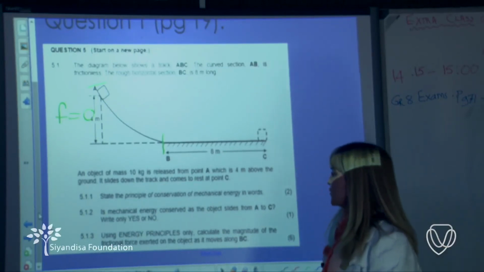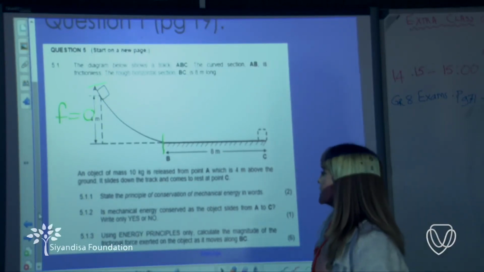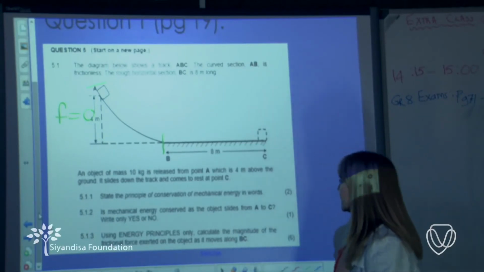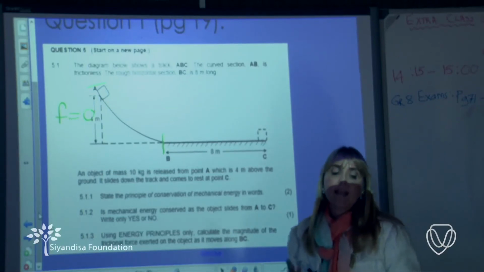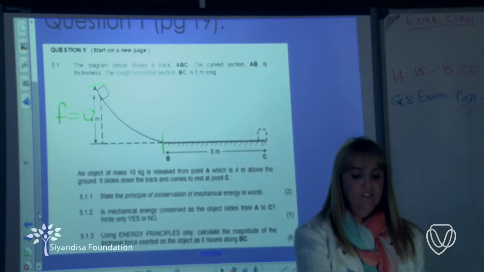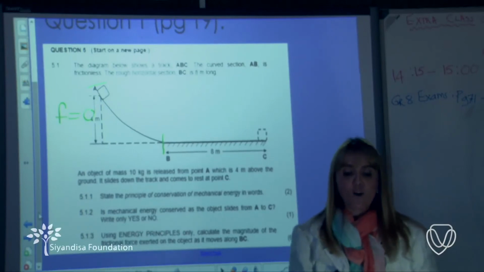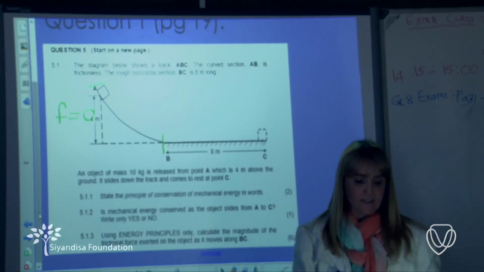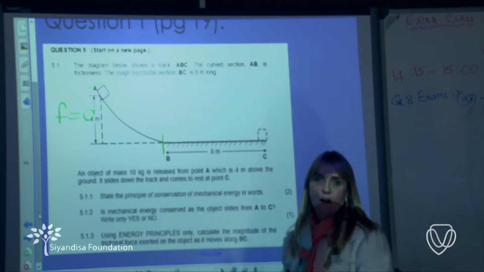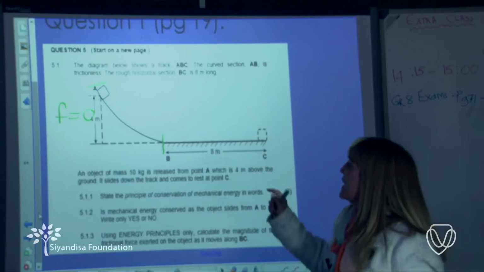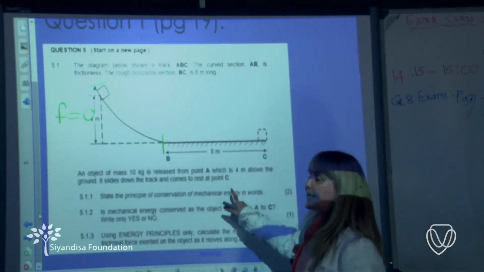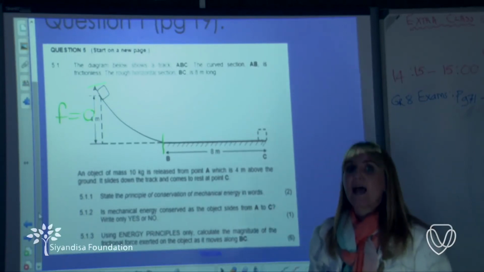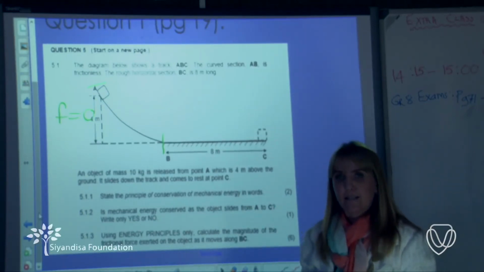Then 5.1.2: is mechanical energy conserved as the object slides from A to C? Right, only yes or no. Now, your understanding of this is going to depend on whether or not you got your definition correct. So if you don't know your definitions, it's quite possible that you're going to get 5.1.2 incorrect. The principle of conservation of mechanical energy says that mechanical energy will be conserved as long as the object is in an isolated system.